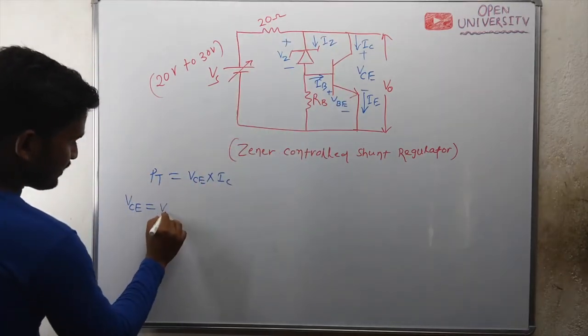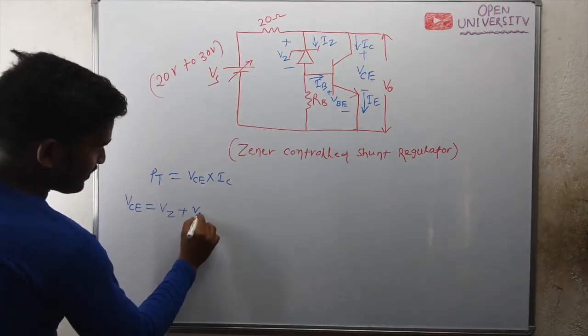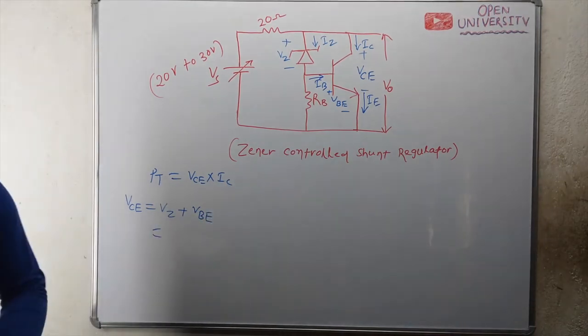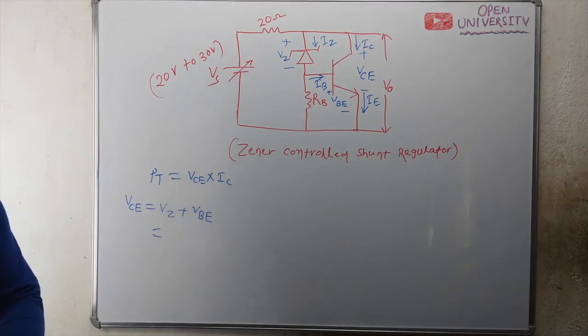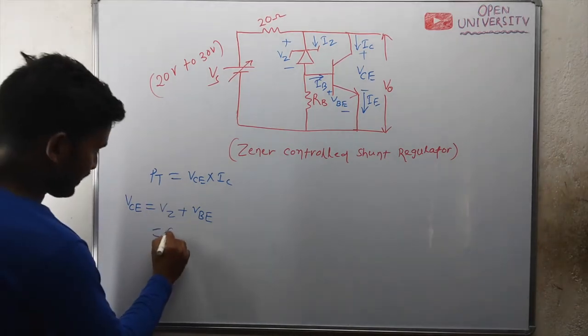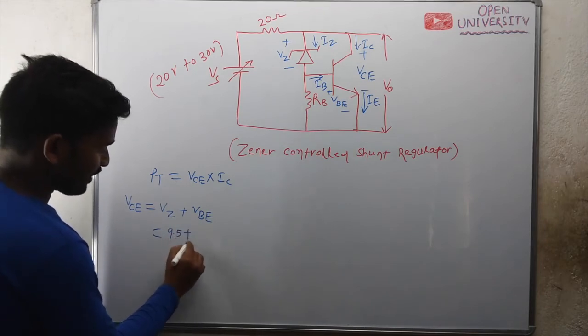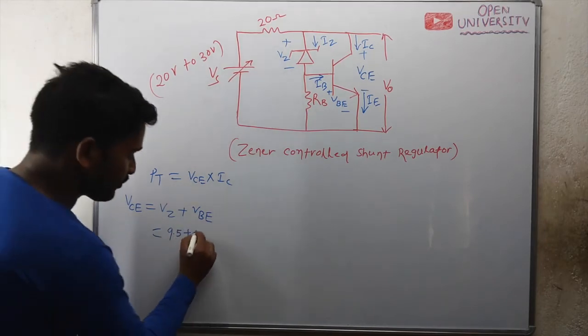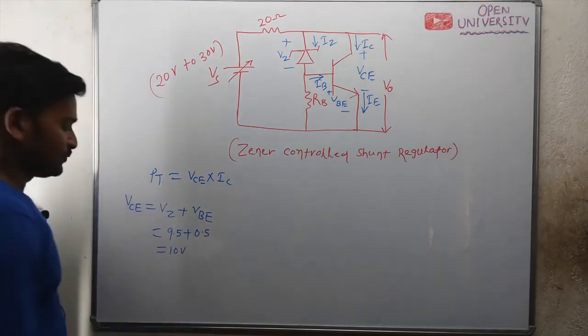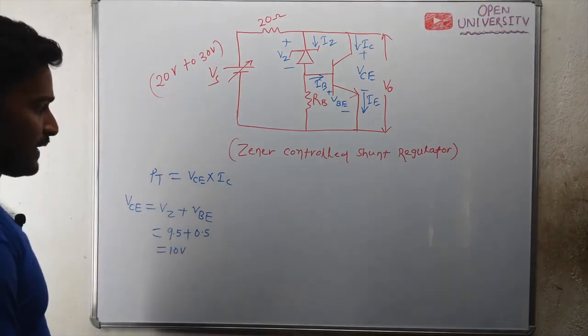So VC equals VZ plus VB. VZ is given to be 9.5 volt, and VB is given to be 0.5 volt. So it will be 10 volt. VC equals 10 volt.